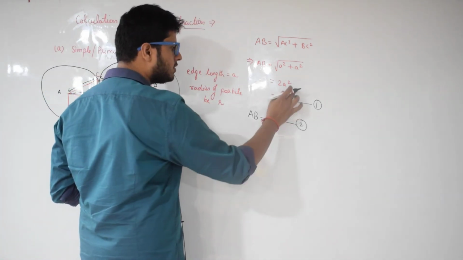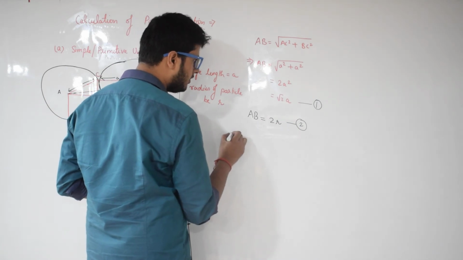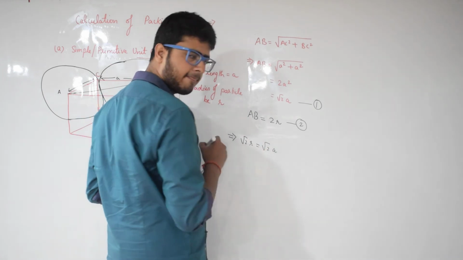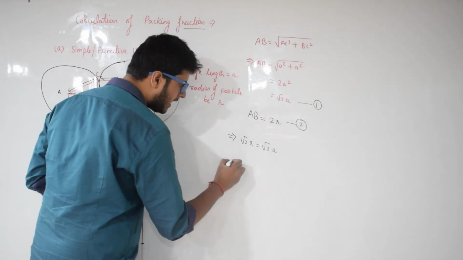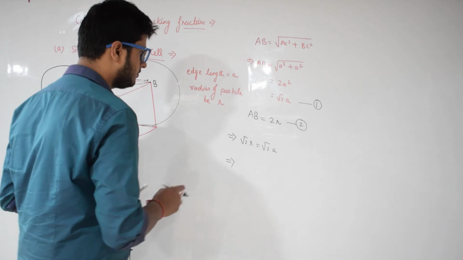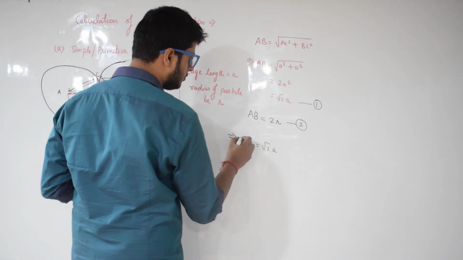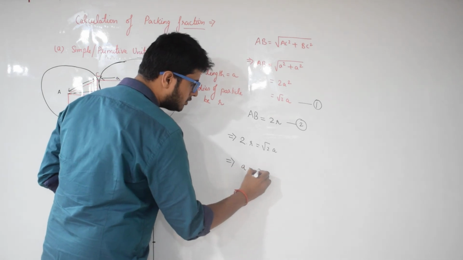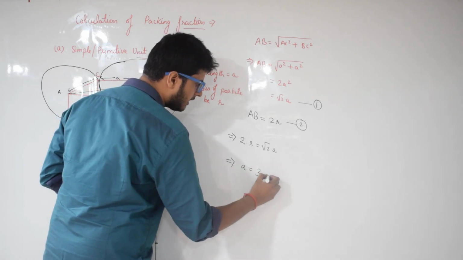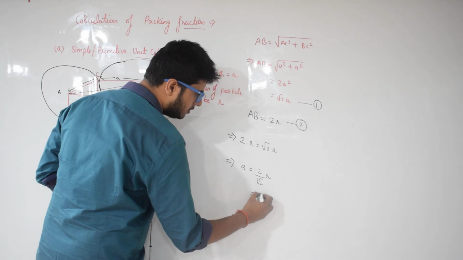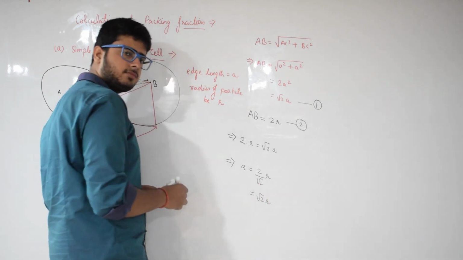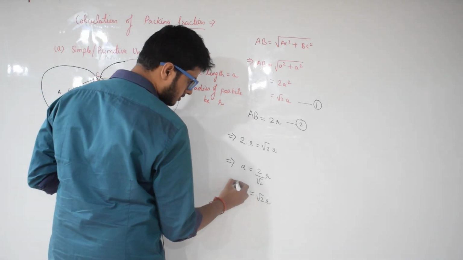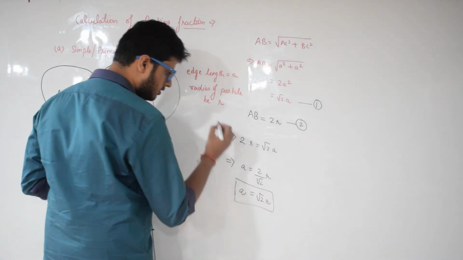On equating equation 1 with equation 2, we would have 2R is equal to root 2 A, or the value of A would be 2 upon root 2 R, or it would be equal to root 2 R.